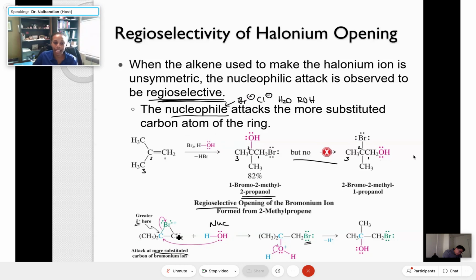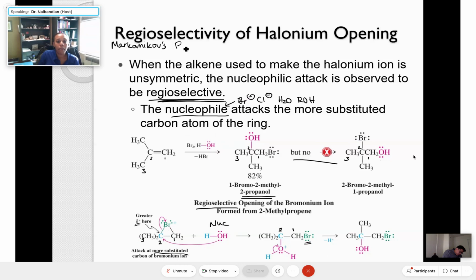Bromine stays attached. So if this is 1, 2, one of these methyls is 3, bromine stays attached to carbon 1, and the oxygen gets added to carbon 2. So then we know our last step, if we use water or alcohol, is to deprotonate. And so then our nucleophile has been added to the more hindered carbon and our electrophile to the less hindered carbon. This is following Markovnikov's rule.